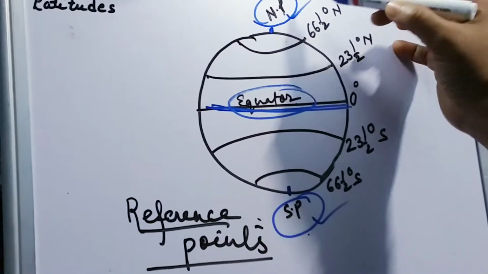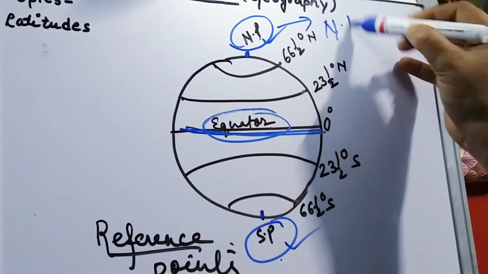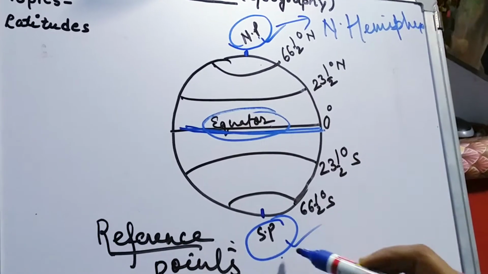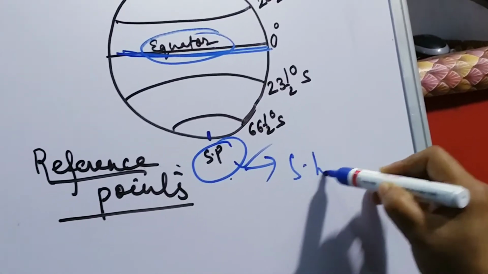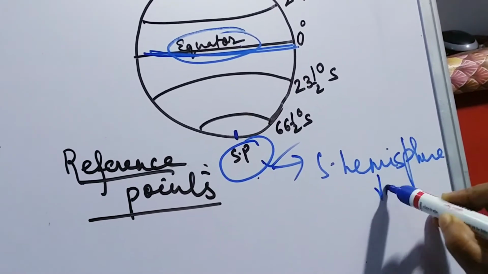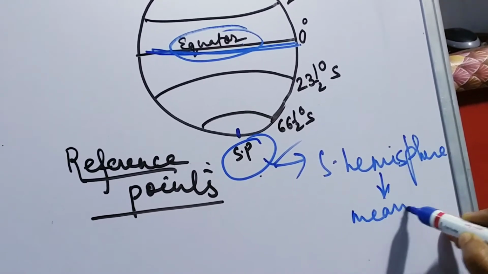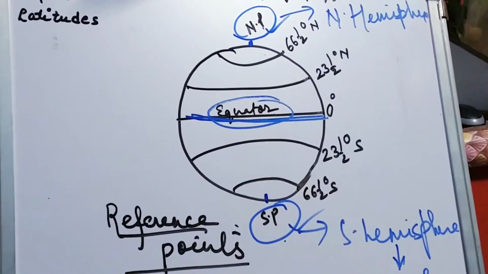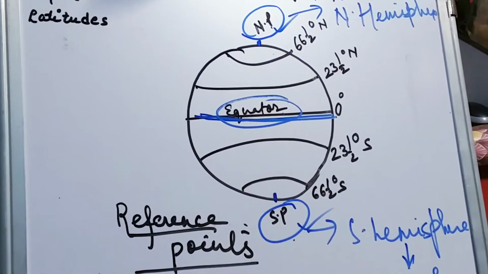The first half is the Northern Hemisphere and the next half is the Southern Hemisphere. Hemisphere means half. Okay. Earth is divided into two halves, right?